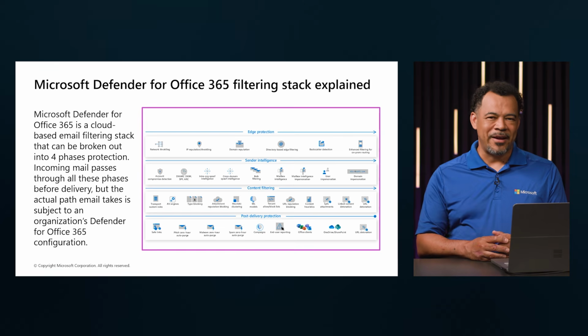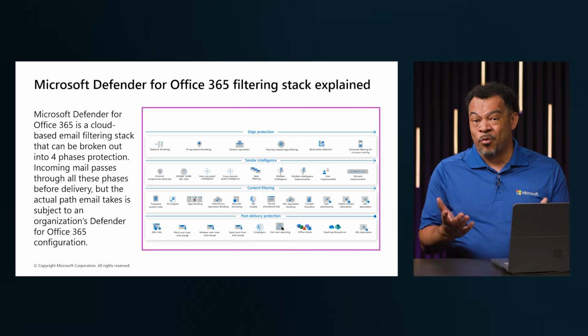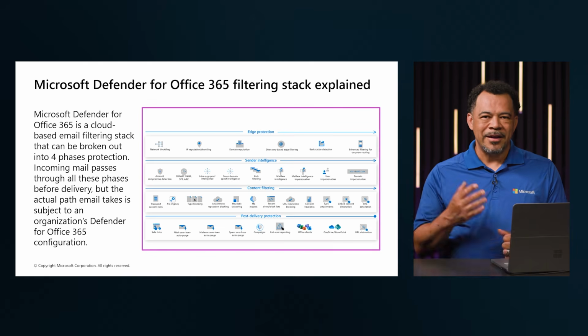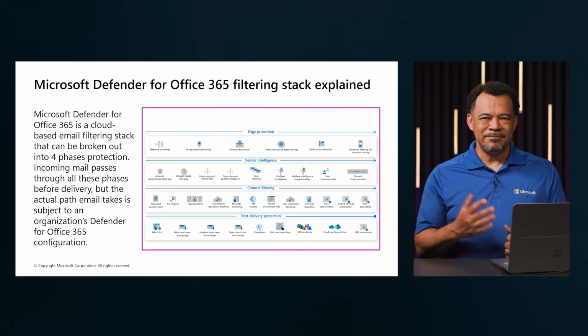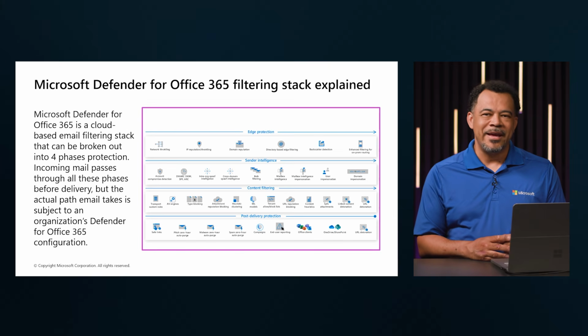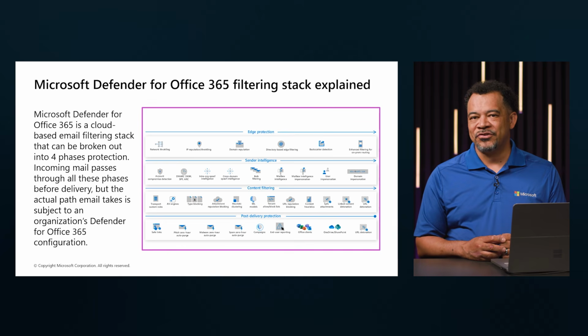Phase 2 includes things like account compromise detection, which triggers alerts when an account has been seen to have any anomalous behavior consistent with compromise. In many cases, the user's account is blocked and prevented from sending any further email messages until the issue is resolved by an organization's security operations team.